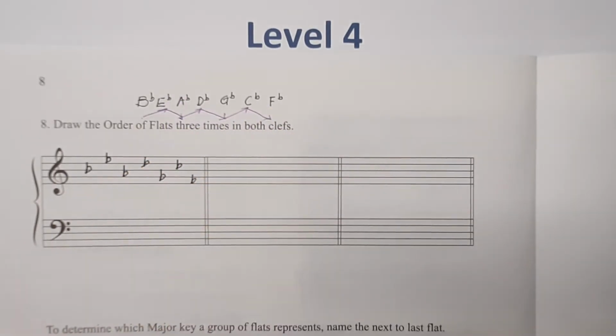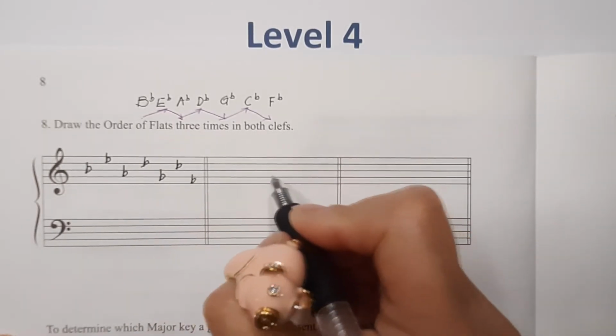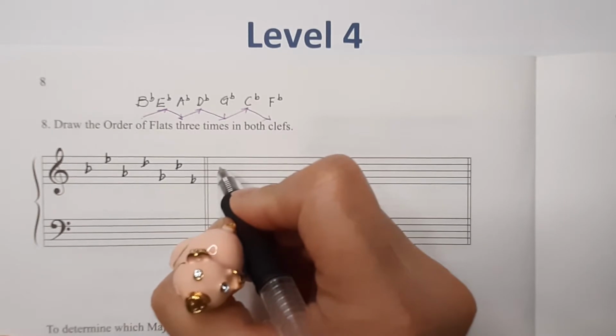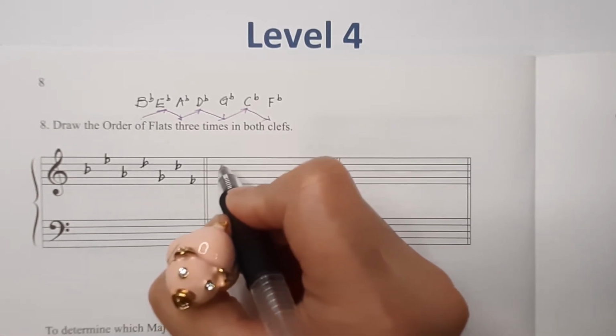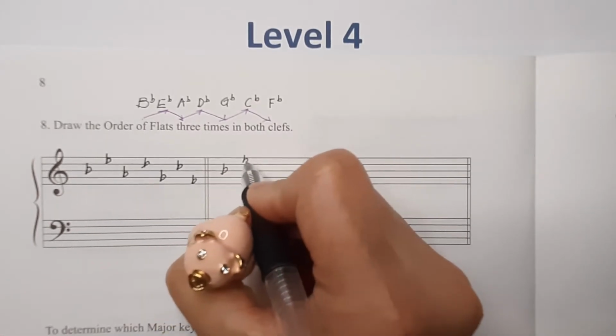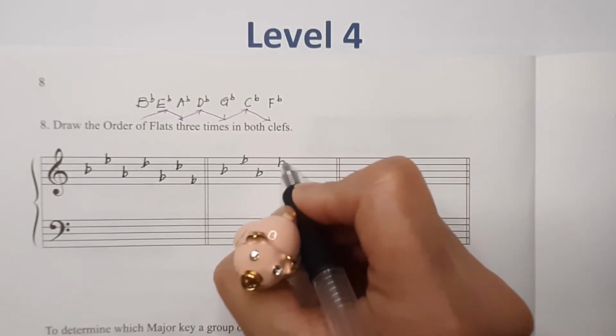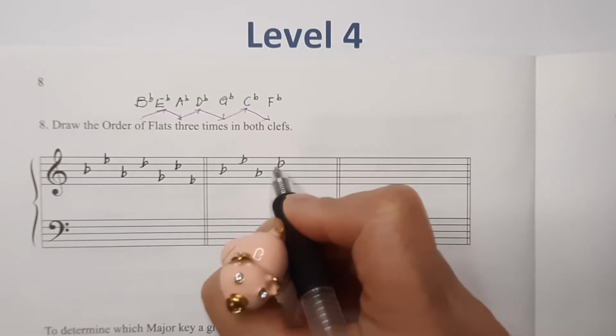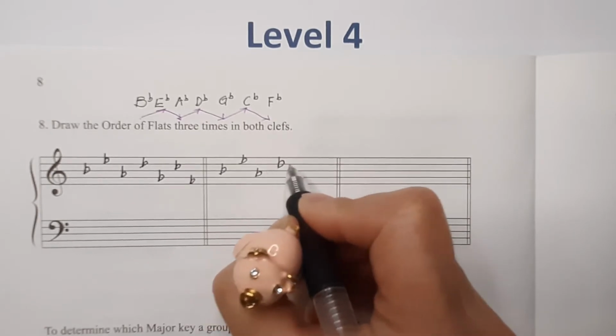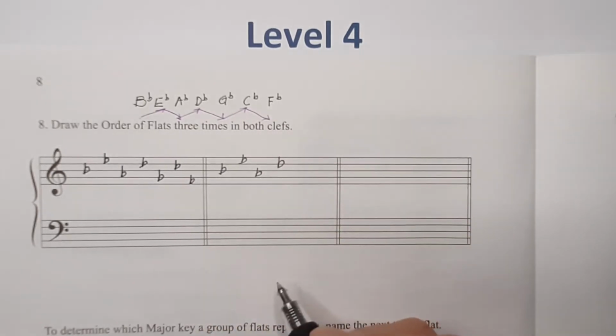Okay? Let's do the treble clef first, two more times. B first. E, up. A, down. D, up. Remember, look, the line has to go through the middle of the flat, okay?